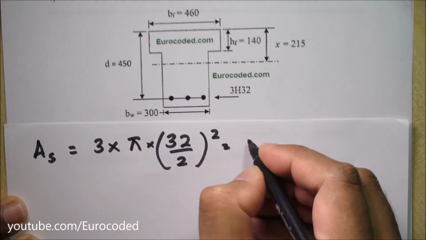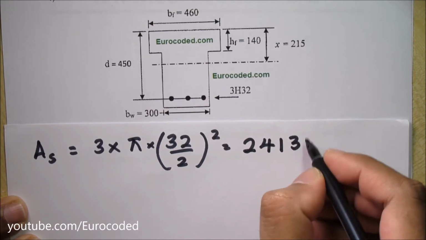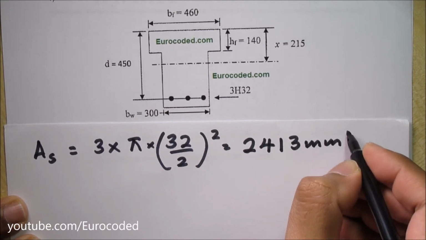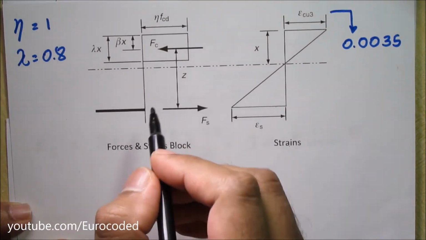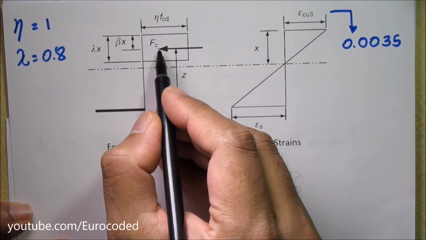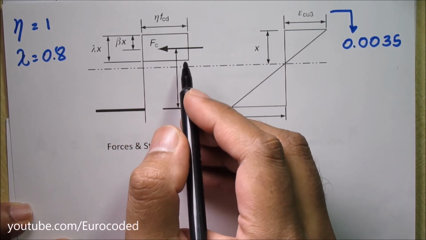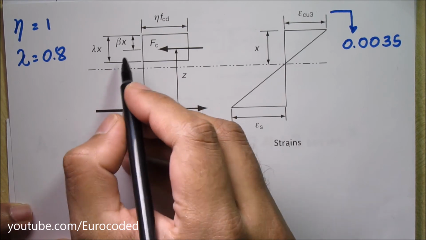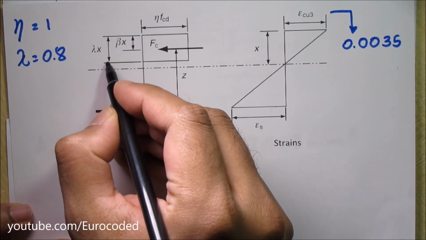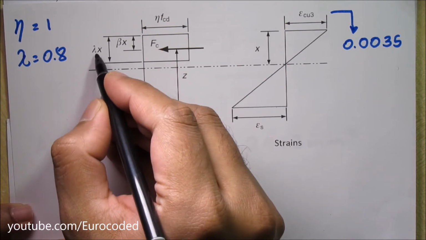This is equal to 2413 square millimeters. Now let's move on to calculating the forces in concrete, which is this Fc value. First we need to determine the effective height of compression zone, which is this height from this point to this point. That is basically lambda x.